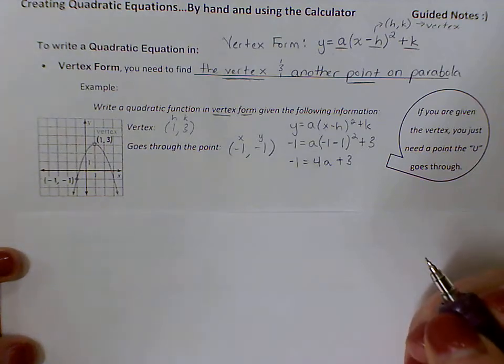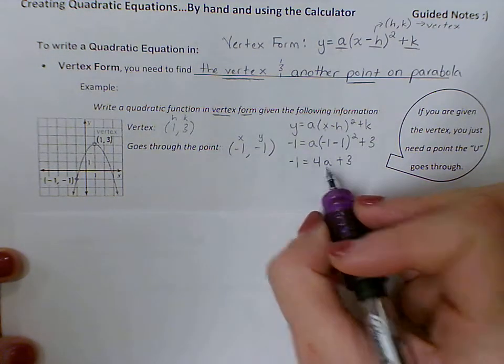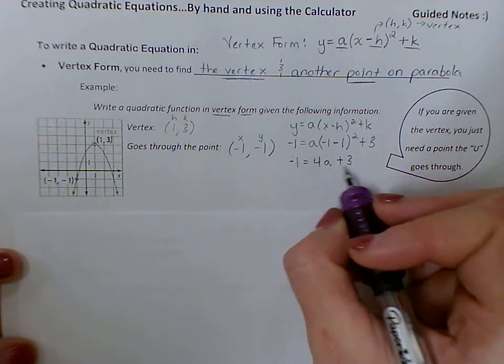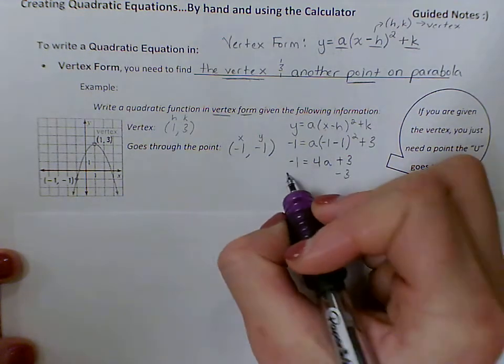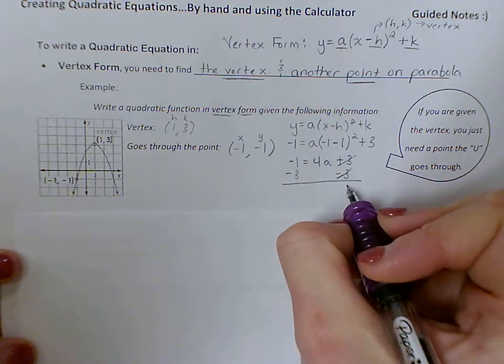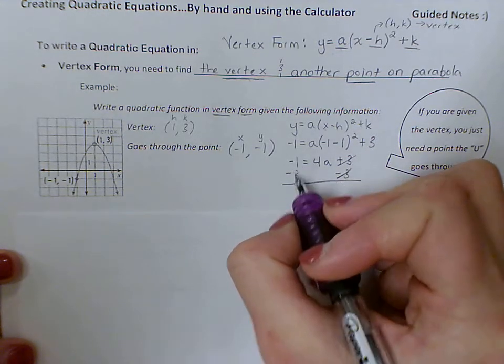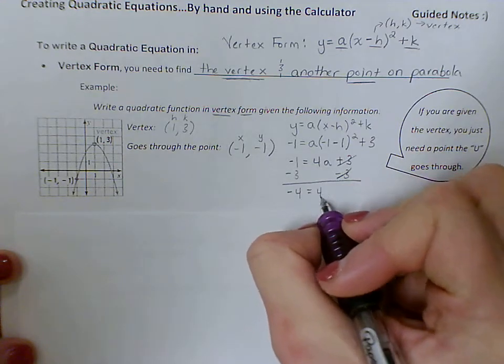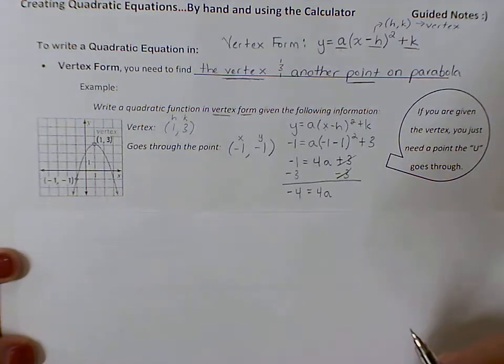Now I've got to finish solving, so I've got to get a by itself. I've got to get the 3 away and the 4, so I usually start with this so that I can get that to the other side. So 3 minus 3 is 0. And then over here I've got -1 minus 3, which is -4. And then my equals comes down, my 4a comes down.